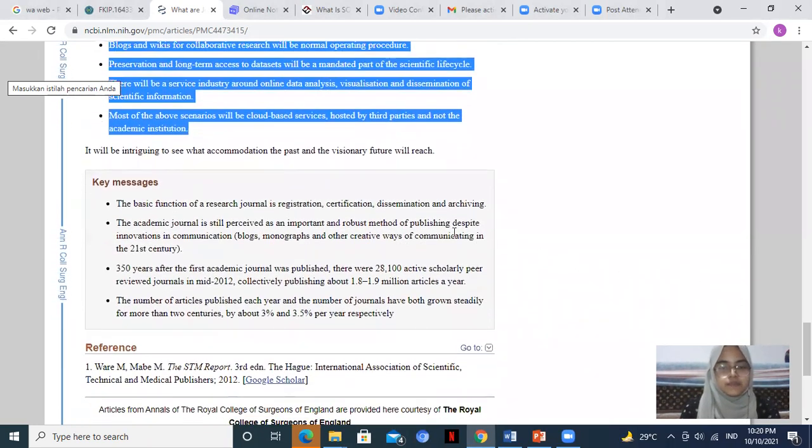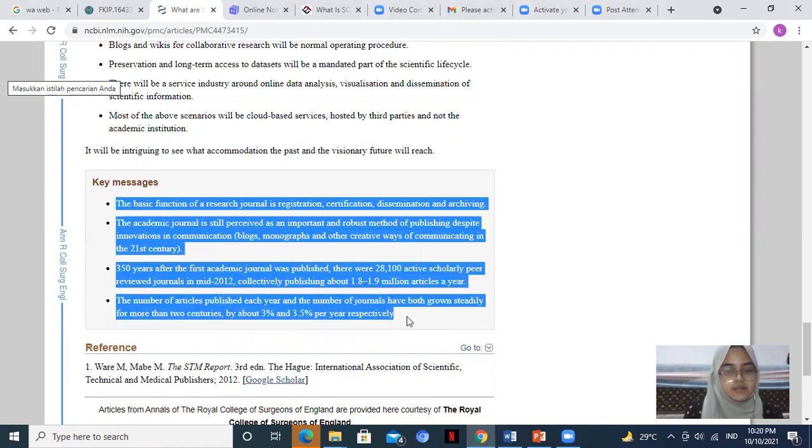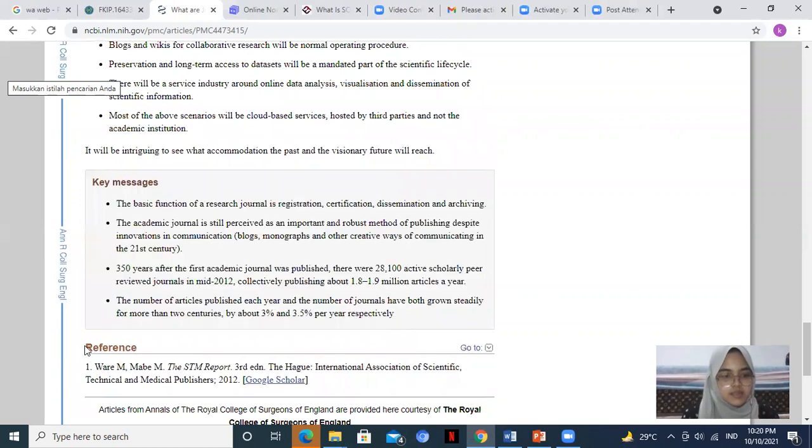And the last, we found the key messages, or we can call it the summary from the article here. And also we don't forget about this.